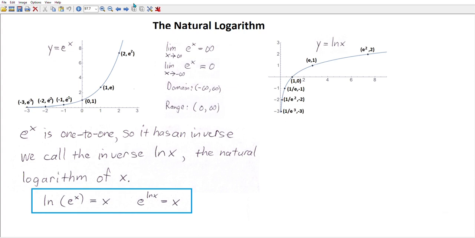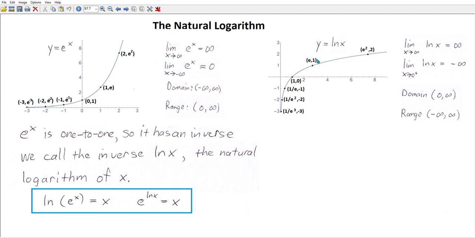And as a result, we can see the limit as x goes to 0 plus of the log has to be minus infinity, because that's what you get when you flip x and y here. And the limit as x goes to plus infinity of log x is going to be plus infinity. If we stare carefully at this, we can see the domain of this function is 0, infinity.